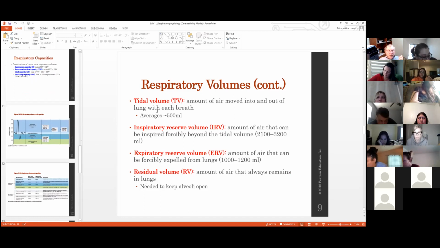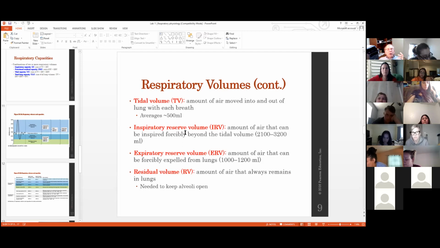Okay, so that's what you're breathing in and out. Under normal circumstances, that's going to be a small amount. It says it's only about a half a liter. The amount that you can force yourself to breathe in is about twice as much as the amount you can force yourself to breathe out. So this is inspiratory reserve.